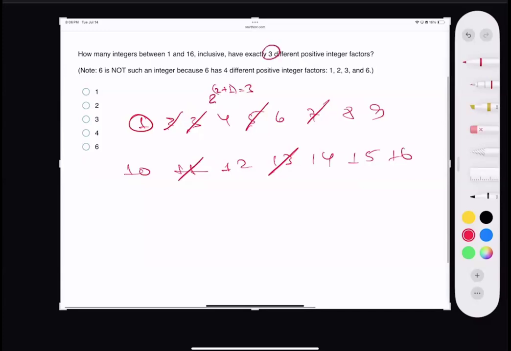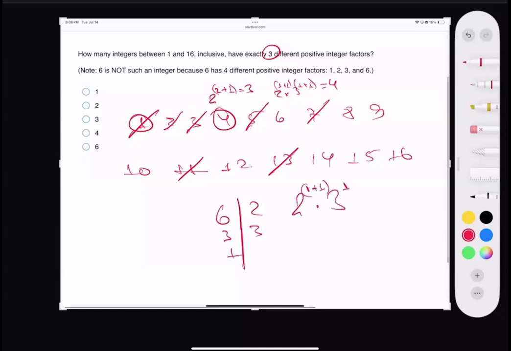So 4 is in. 6 is 2 times 3, 2 to the power 1 times 3 to the power 1, which has 4 divisors: 1, 2, 3, 6. So 6 has 4 divisors.